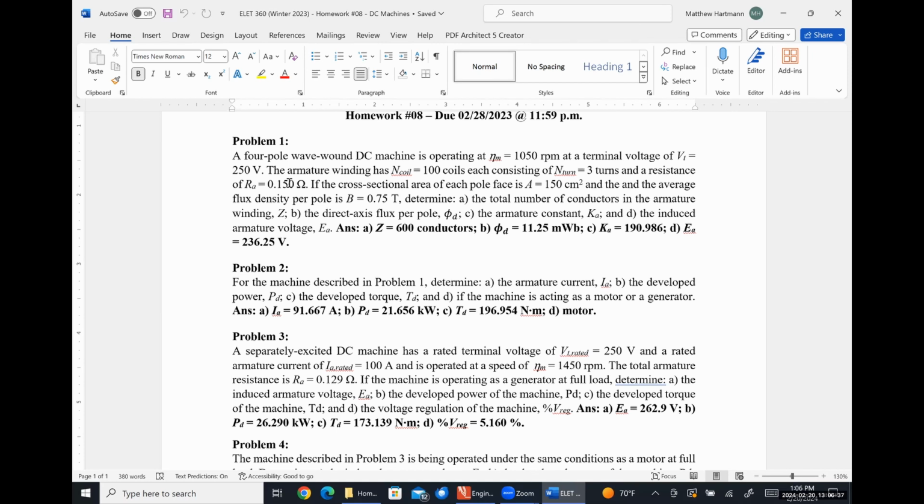So EA is 236.25 volts, and our terminal voltage is 250 volts, which means EA is smaller than VT, so this must be a motor. For our torque, that's just going to be power divided by our speed.